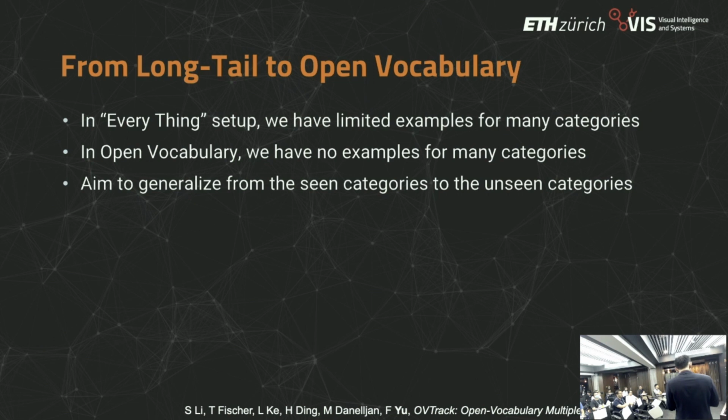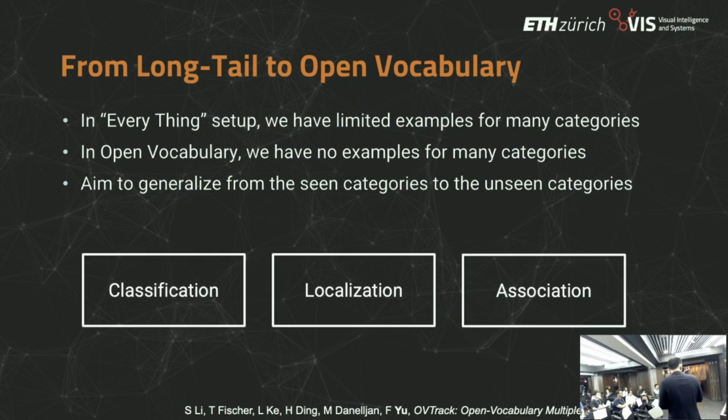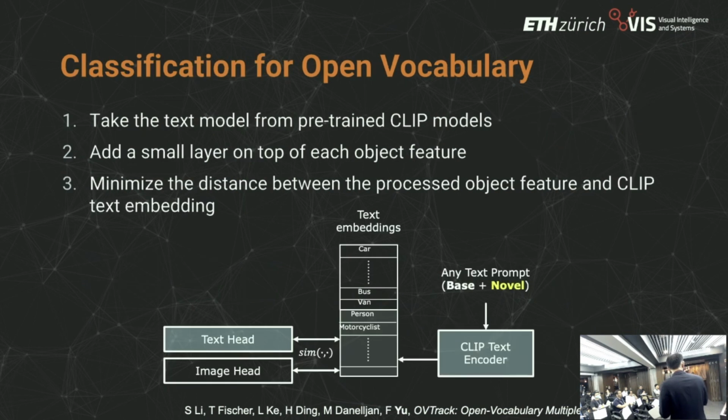The goal here is to generalize from the seen categories to the unseen categories. So here we have to re-evaluate how we can do classification, localization, and association. Classification now becomes a much more challenging problem, because we just do not have the data for those classes.